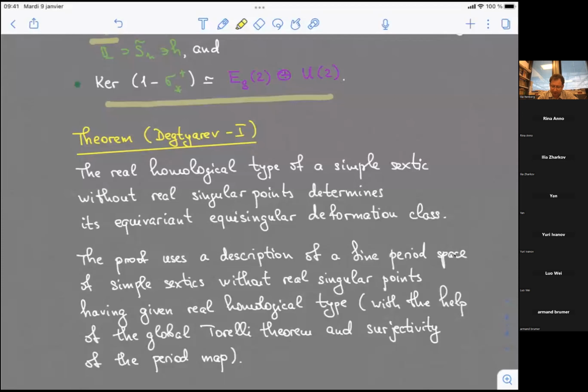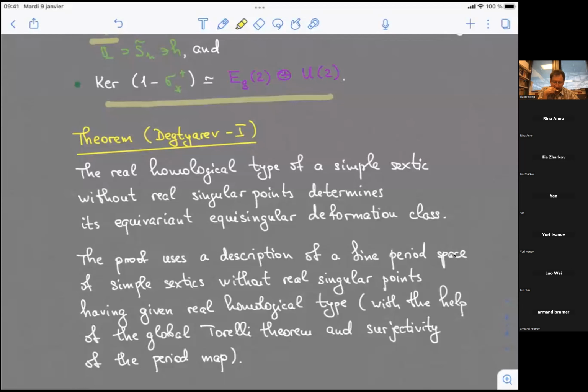For this statement, it's important just to assume that there are no real singular points for the real simple sextic considered. And the statement is that in this case, under the assumption that there are no real singular points, the real homological type, so this homological information taking into account the singularities, the polarization, and the real structure, is enough to determine the equivariant equisingular deformation class.